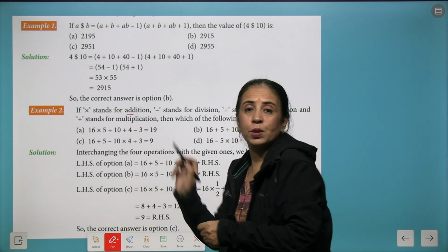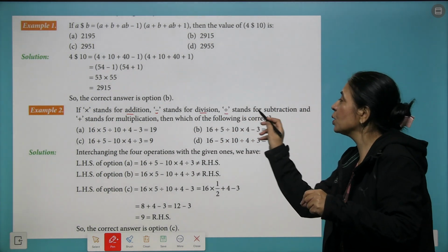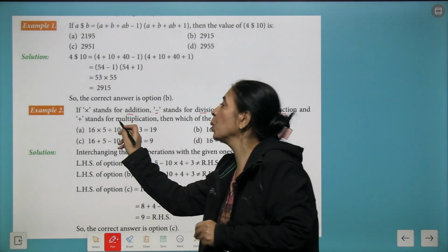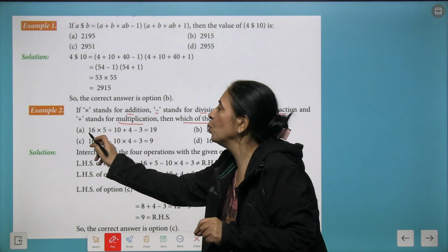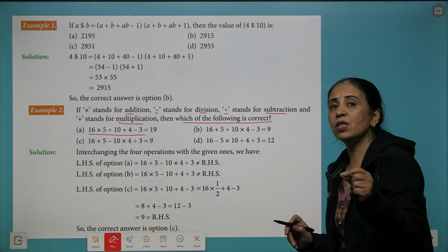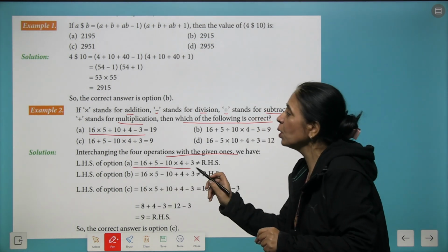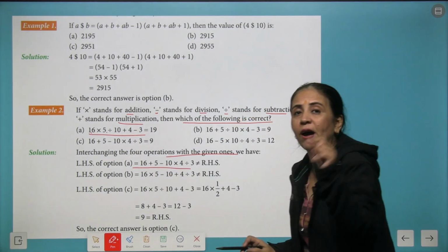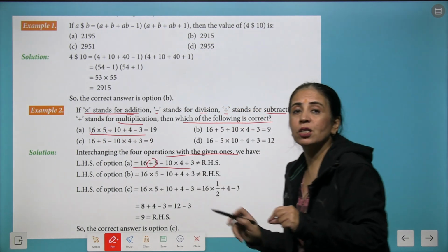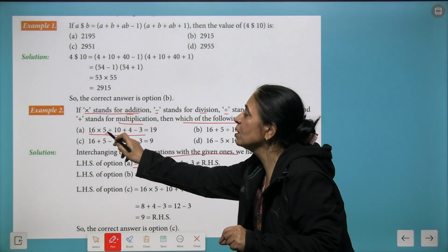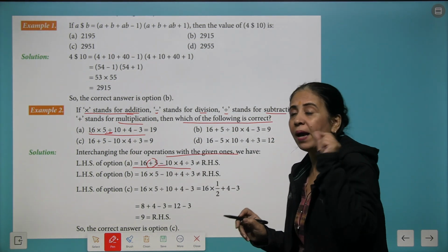Isn't it interesting? Now let's try another interesting question. If multiplication stands for addition, minus stands for division, division stands for subtraction, and plus stands for multiplication, then which of the following is correct? So what will you do? We are going to first interchange the 4 operations in the given question, and the first option we get is 16 multiply 5. Now multiply sign is replaced by plus sign, right? Because here multiplication stands for plus, and after this we have 5 divided by 10. So division is replaced by minus.